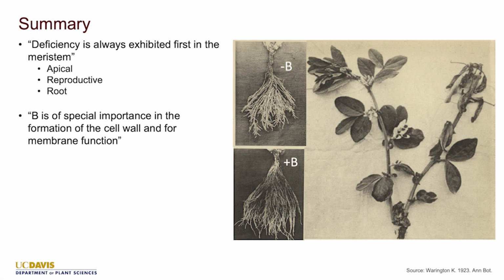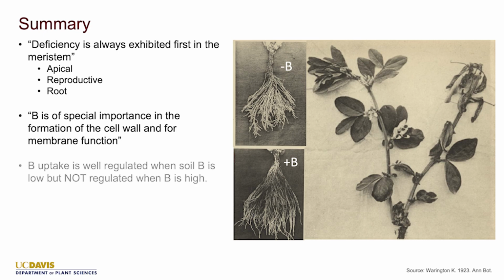She didn't know anything about uptake. Her research was well before we could do the fancy genetic analysis that I showed you. The point that I'll add to the summary is that boron uptake is well regulated when soils are low in boron, but it becomes unregulated whenever there's excess boron.